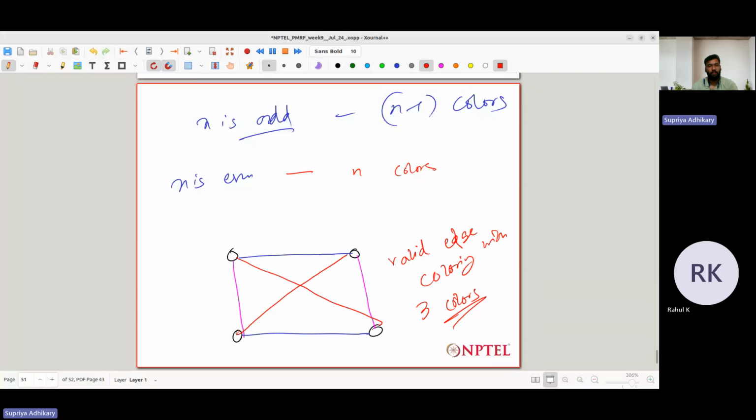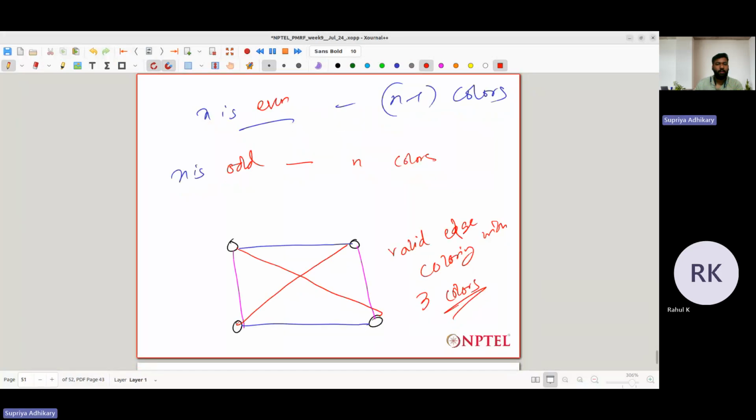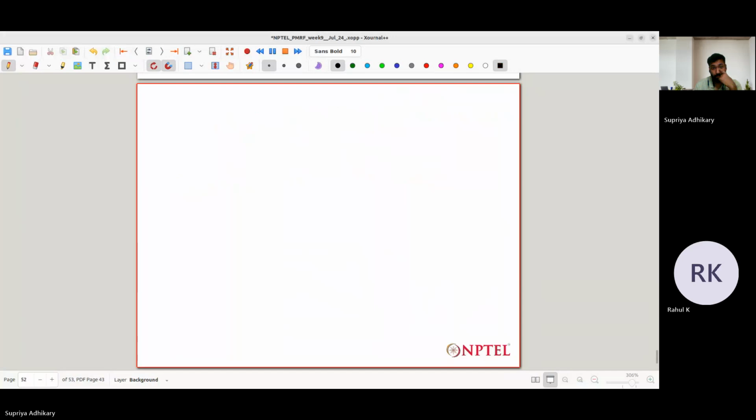So whenever n is even, then we need n minus 1 colors. But whenever n is odd, then we need n colors. For example, if we consider K5, what we do is we introduce a dummy vertex like this, and we first color it like this.